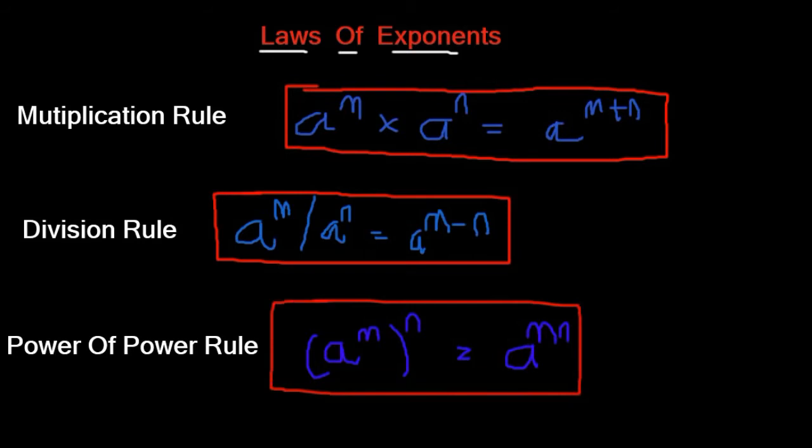So now let's get into the next rule. The power of product rule is just like the opposite of the power of power rule. It is of the form: ab the whole power m can be split up as a power m into b power m.